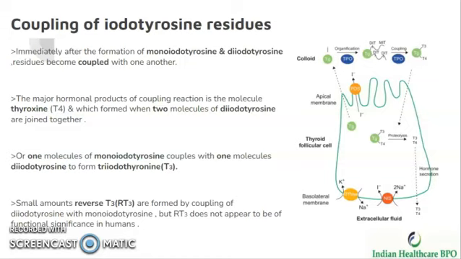The major hormonal product of the coupling reaction is the molecule of thyroxine, T4, which is formed when two molecules of diiodotyrosine are joined together, or one molecule of monoiodotyrosine coupled with one molecule of diiodotyrosine to form triiodothyronine, which is T3. A small amount of reverse T3 is formed by coupling of diiodotyrosine with monoiodotyrosine, but reverse T3 does not appear to be functionally significant in humans.